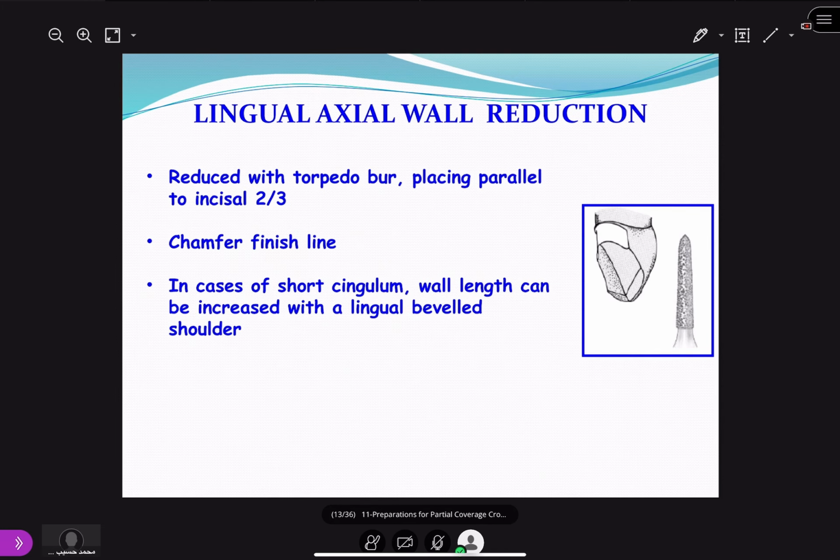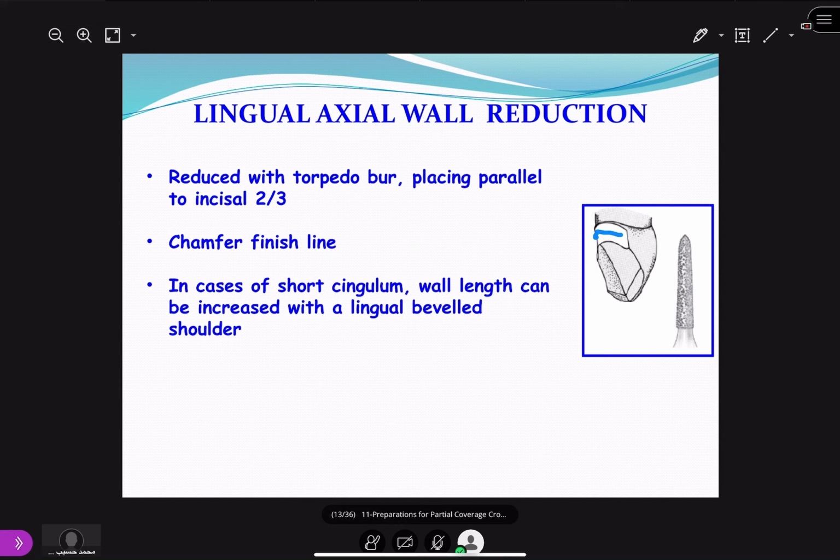Now the lingual axial wall reduction. As you see in this picture, this is the lingual axial wall. This wall you will prepare with the torpedo burr, because we are providing the chamfer finish line.